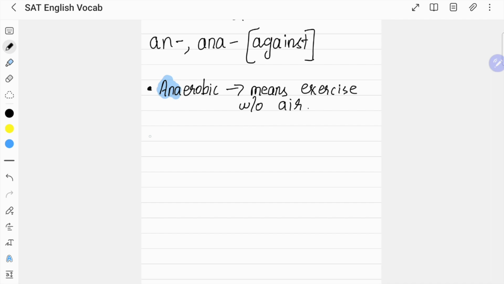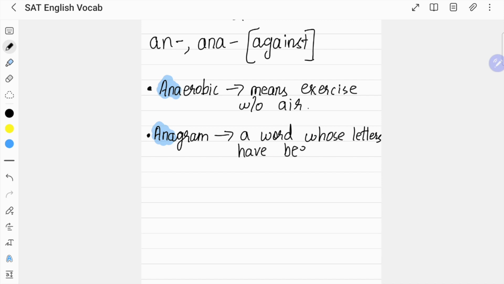We can take another word like anagram, which means a word whose letters have been scrambled. Let's take this word can be an anagram for apple, and this is an anagram.